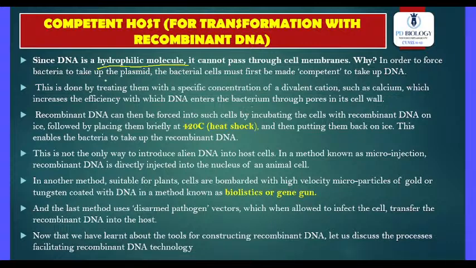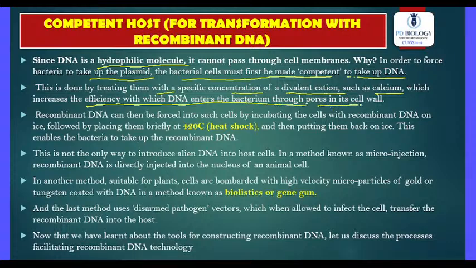In order to force the bacteria to take up the plasmid, the bacterial cell must first be made competent to take up DNA. This is done by treating them with a specific concentration of a divalent cation such as calcium, which increases the efficiency with which DNA enters the bacterium through pores in the cell wall.